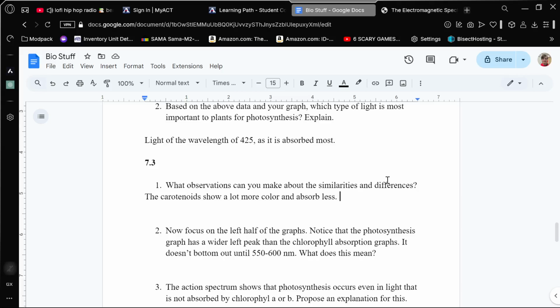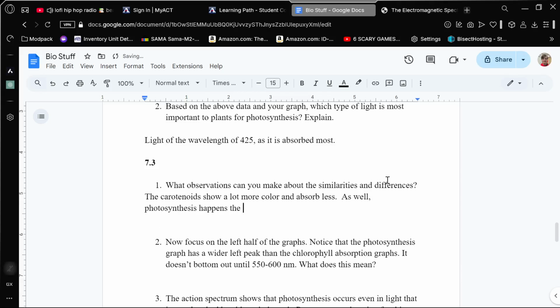And if we just look at ours, if you look at the worksheet, the rate of photosynthesis happens as well.